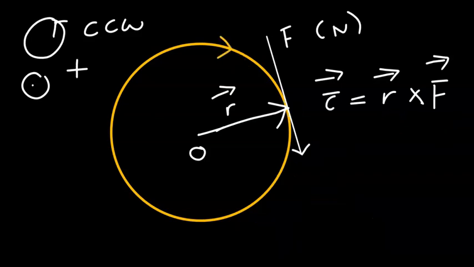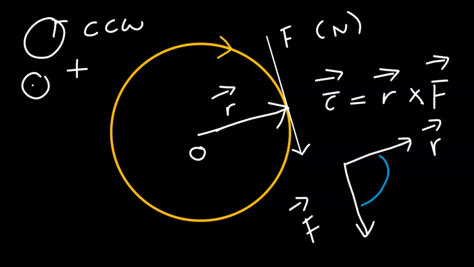Likewise, if the direction of rotation now is clockwise because the direction of the force is going opposite to that given earlier, we see that the force is going in that direction, the position vector is going in that direction, so the torque will be going into the board, because as you curl your right hand fingers from the position vector to the force, you will see the direction of your right hand thumb will be pointing into the plane.